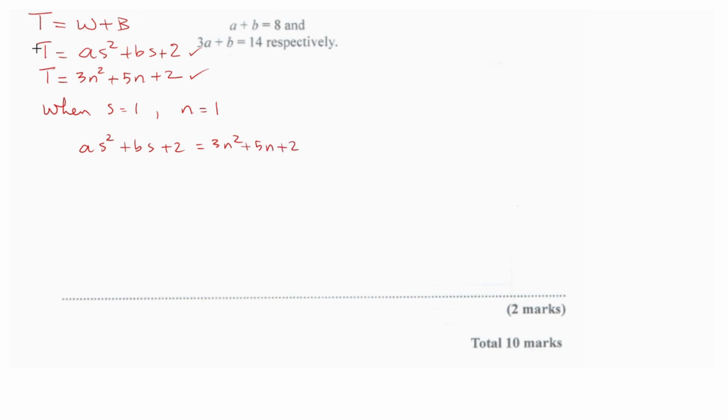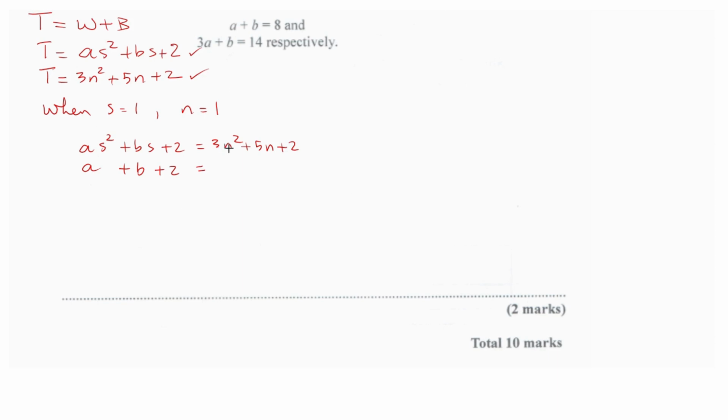Since they are both the value of t, it means that they are equal. Okay, so what we're going to do then, we're going to substitute the value of s equals 1 here and also n equals 1 in this side. So what we have then is 1 squared, that's 1 times a, and that's a, plus 1 times b, that's just b, plus 2.